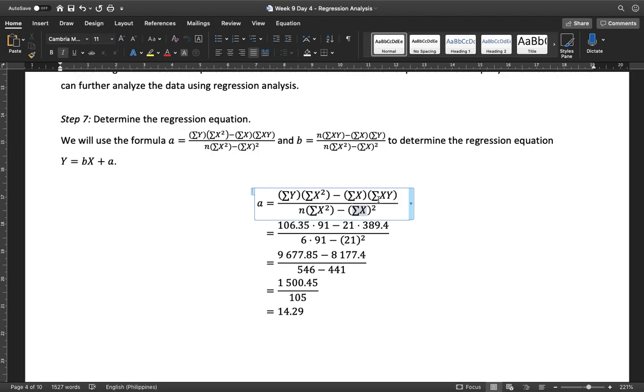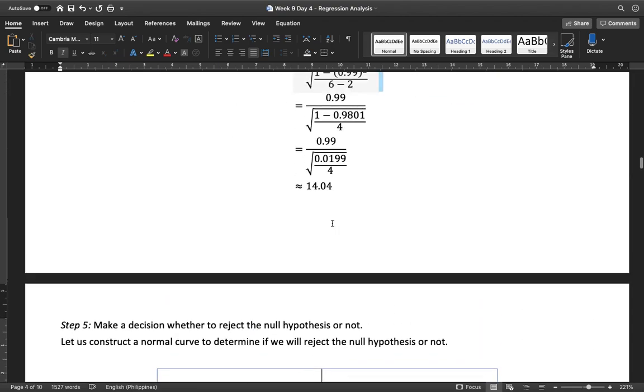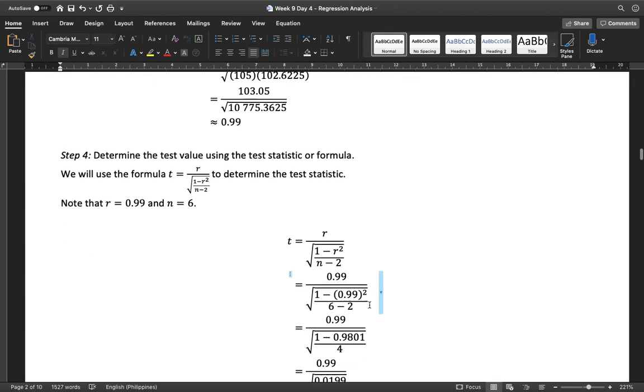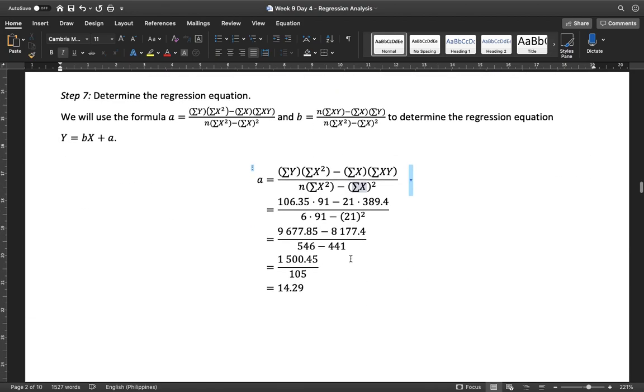Substitute the given values. Saan galing tong values ito? Galing dito sa table natin. Na una. Substitute the values, we get this. And to solve for it, we get 14.29. So, yun yung value ng A natin.